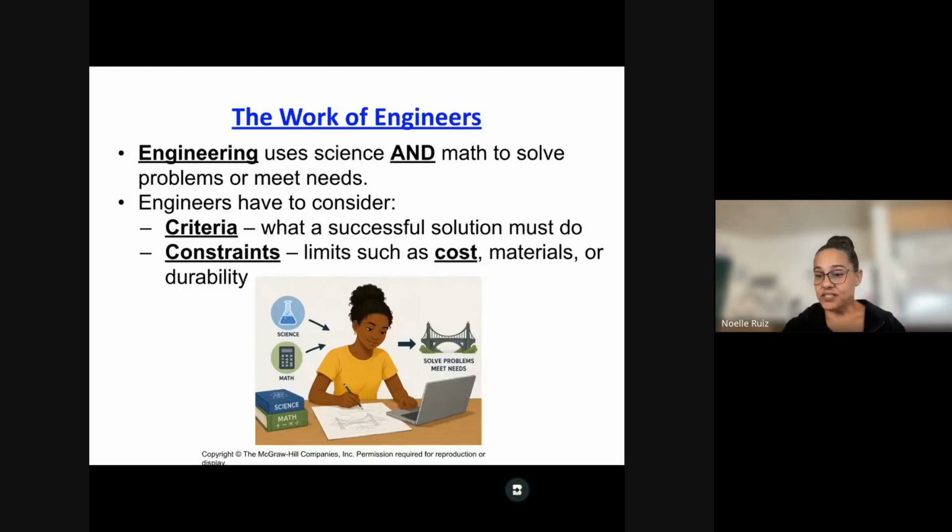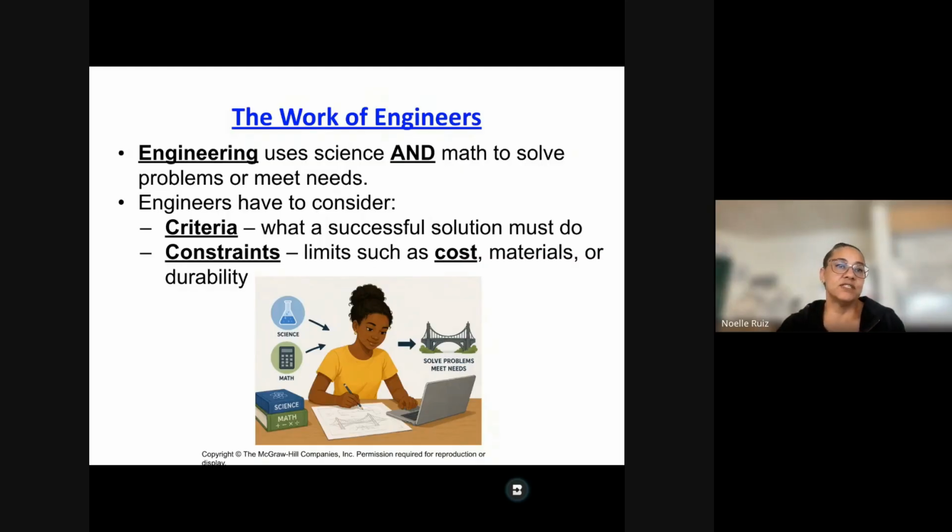The work of engineers. Scientists and engineers work very, very closely, but engineers use both science and math to solve problems or meet needs. So scientists come up with the ideas, engineers figure out how to make those ideas work in a logical, physical way.